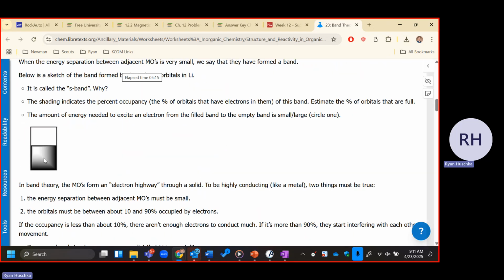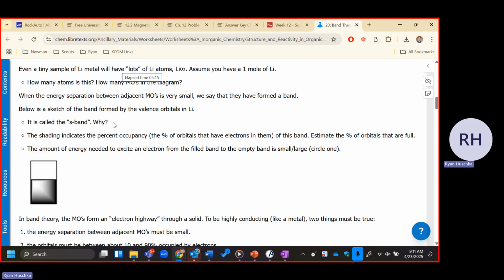All right, cool. So this is your valence orbitals in lithium. Okay. And so what are you looking at right there? Are you looking at S bands? Are you looking at P bands? What are you looking at right there for those valence shells for lithium? Okay.